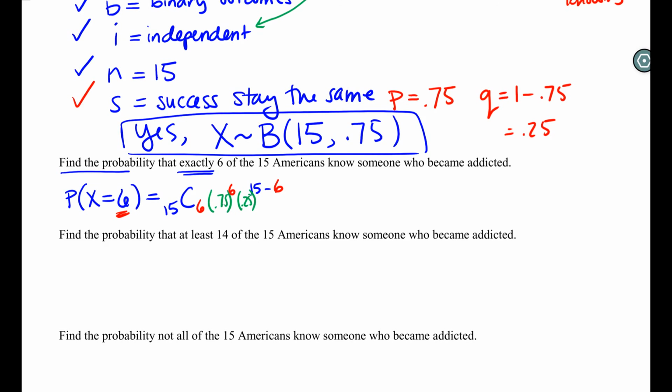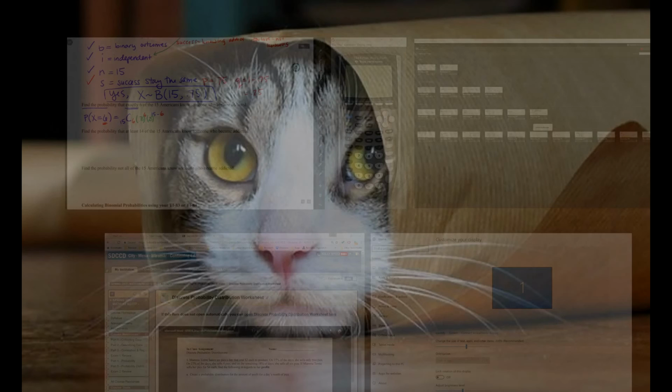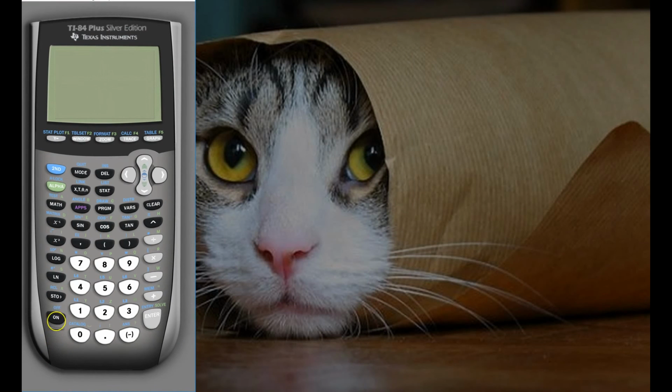All right, so let's go to our calculator really quick and try this thing out. Okay, so we need 15. Remember, we got to type that in first. Go over and get our nCr button. 6. If we want, we can press enter right now to get that number. There were 5,005 ways to order 6 successes in those 15 slots.